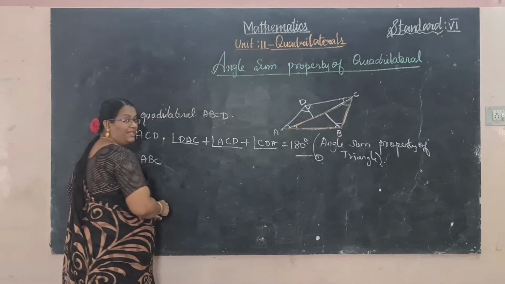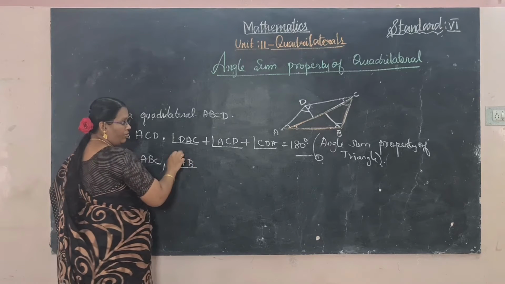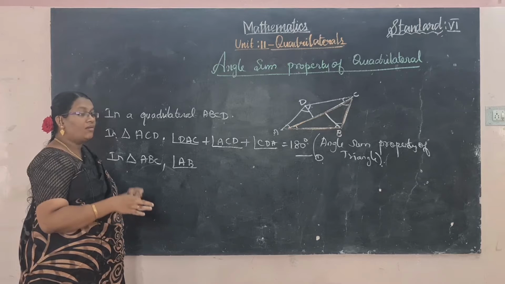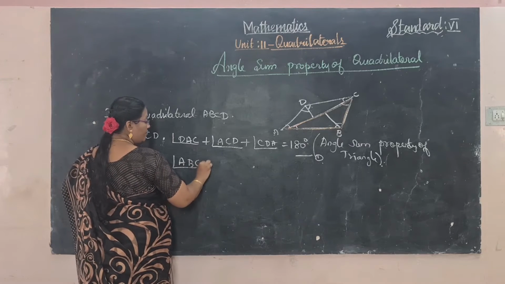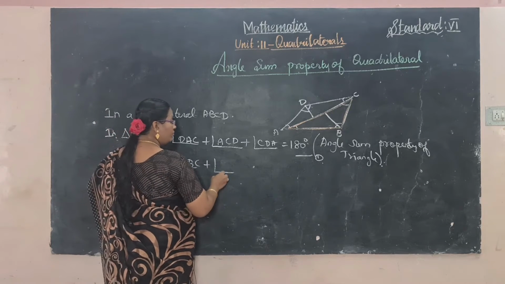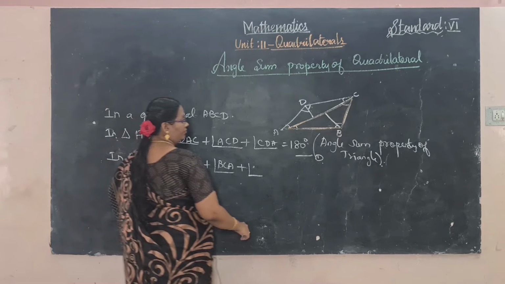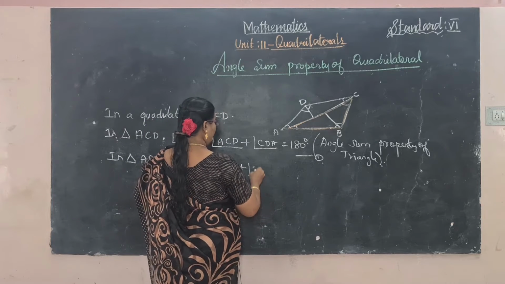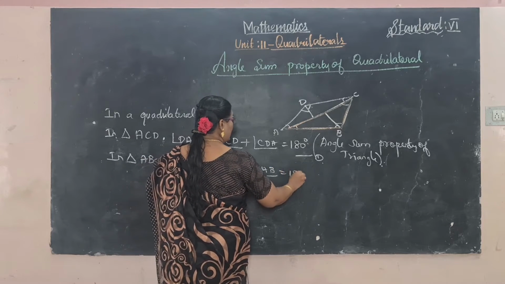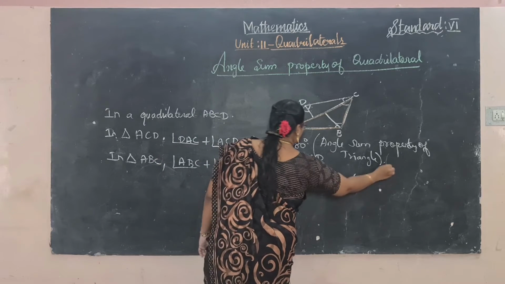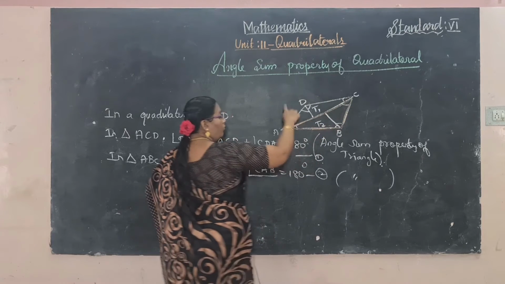Here also we have applied the angle sum property of triangle, so that you understand how to get the sum of 4 angles as 360. Angle ABC plus angle BCA plus angle CAB equals 180 degrees.